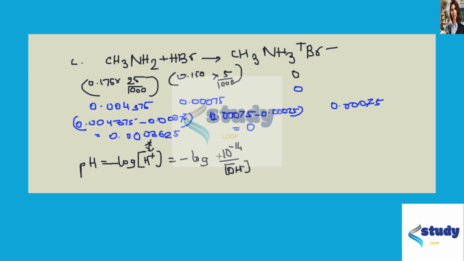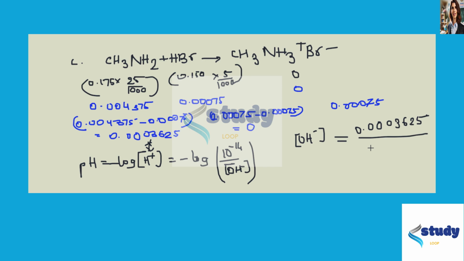Put this one here. Okay, now comes an important step. You have to find what OH minus is in this case. So OH minus obviously will be the moles of base that's left divided by the volume of the solution.